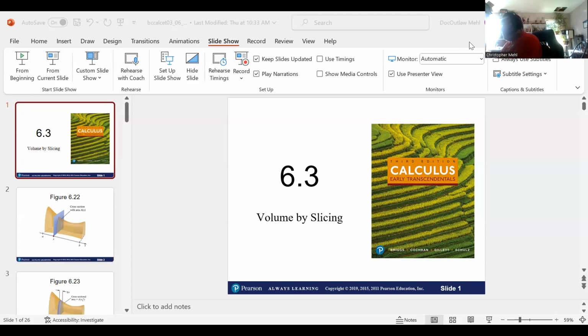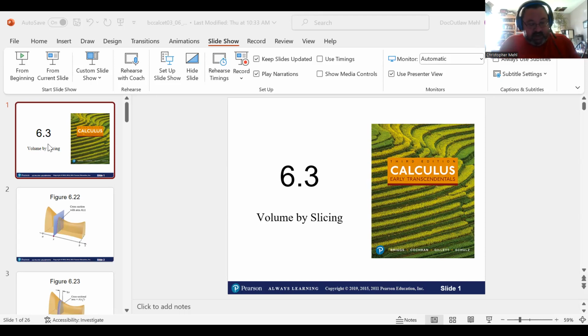The next chunk of material would have been on finding volumes, and there are some tricks of finding volumes that we'll talk about. So let's dive in with the volume by slicing.